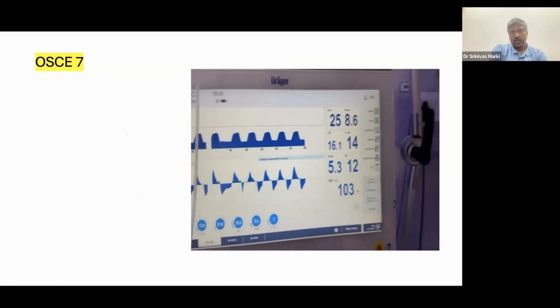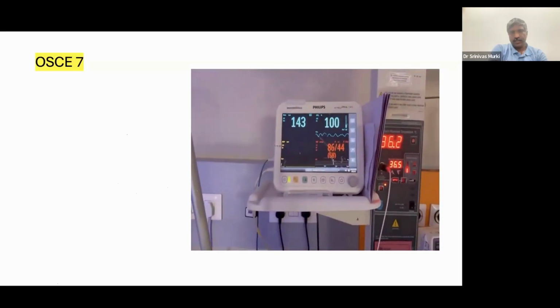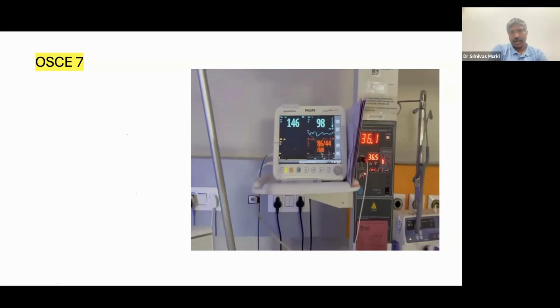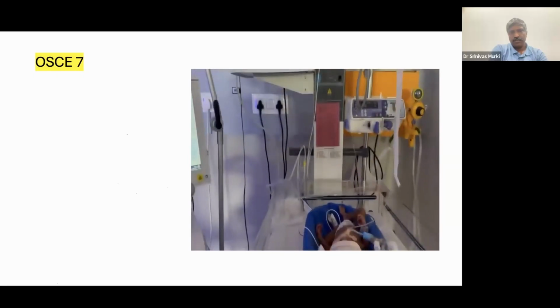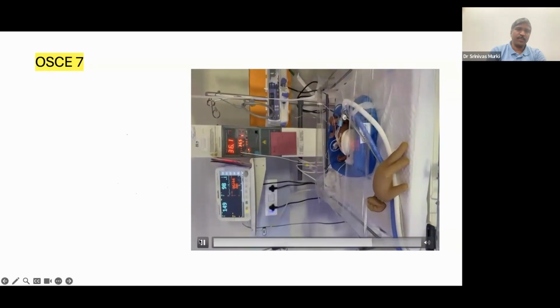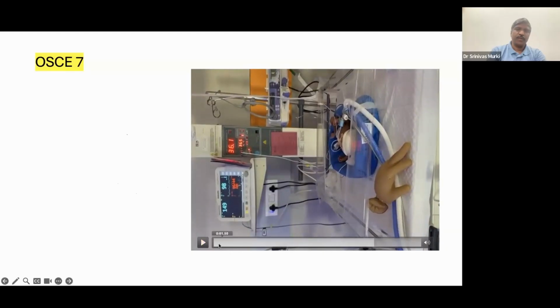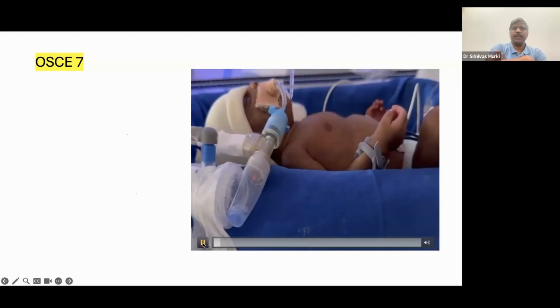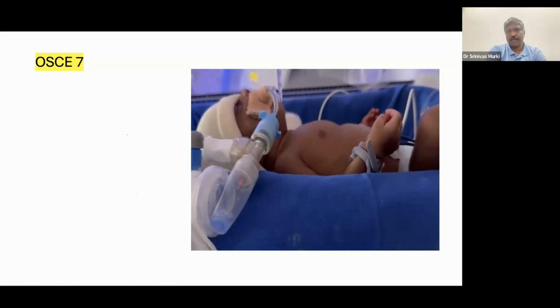There is an assist control mode of ventilation, maintaining saturations, heart rate of 140, BP seems to be normal. Now looking at his breathing, can you tell me what is the problem you are seeing in this baby? Just look at the breathing and let me know what problem you are seeing in the baby.